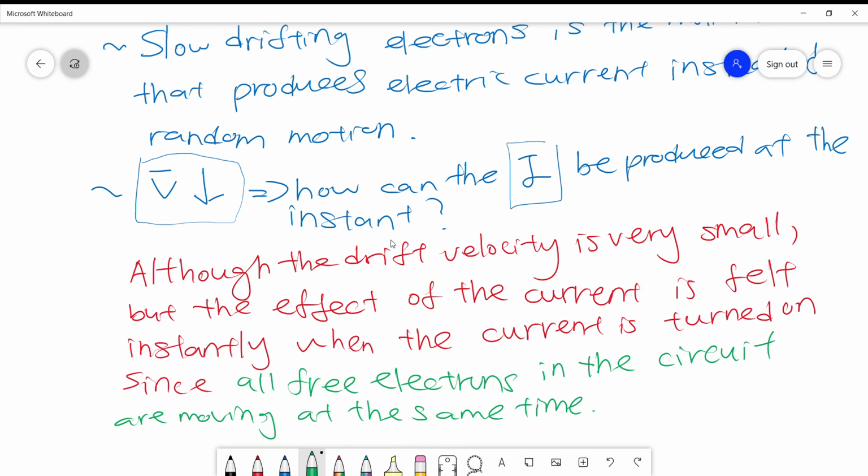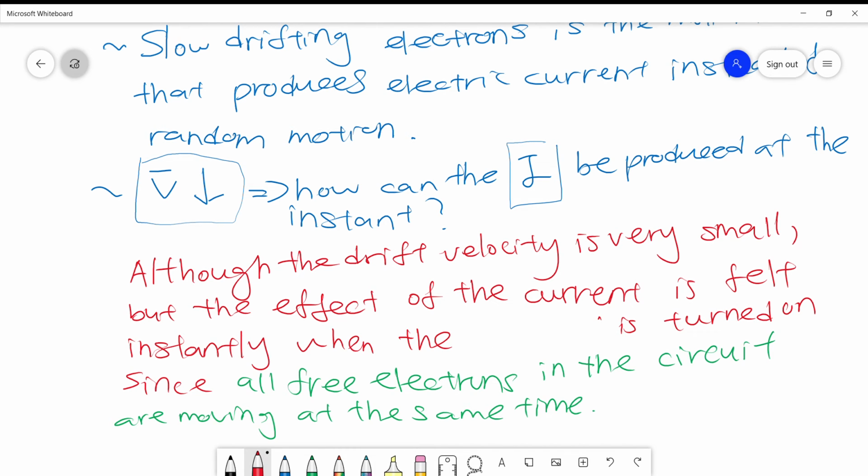So this is basically explaining that all the free electrons in the circuit are moving at the same time. That is why we feel the current instantly when the switch is turned on. So this one should be the switch, not the current.